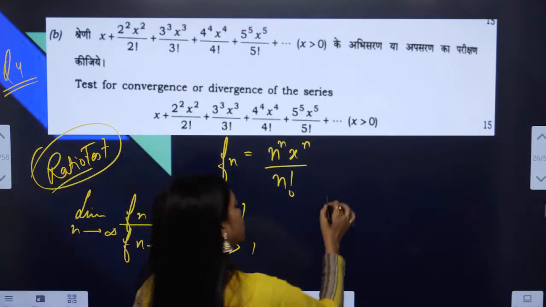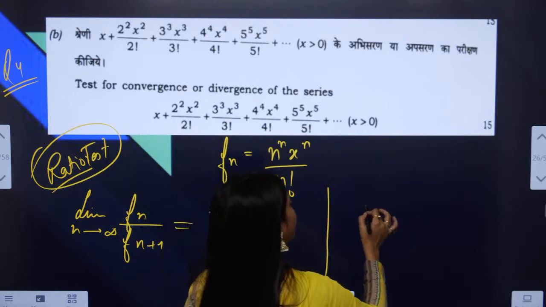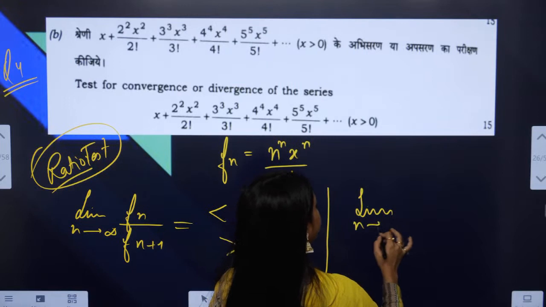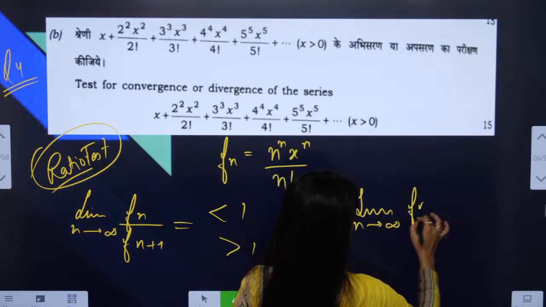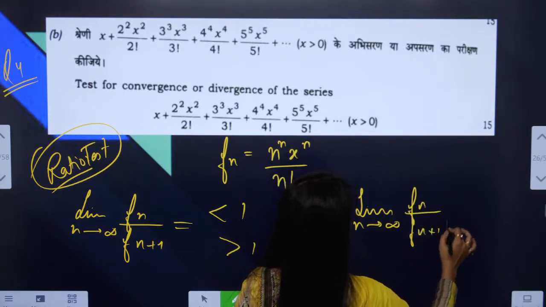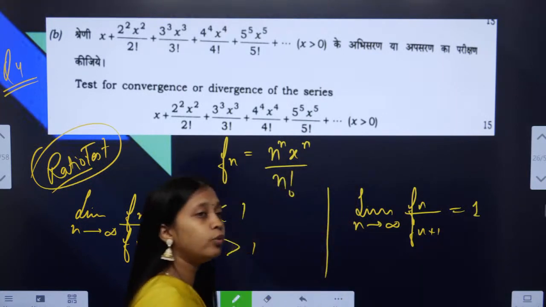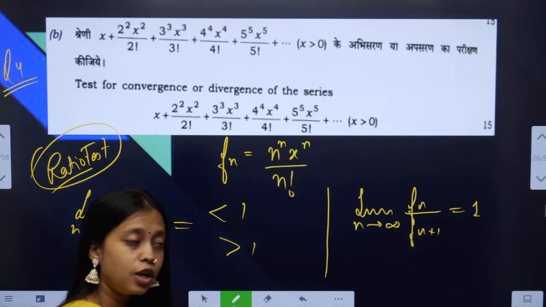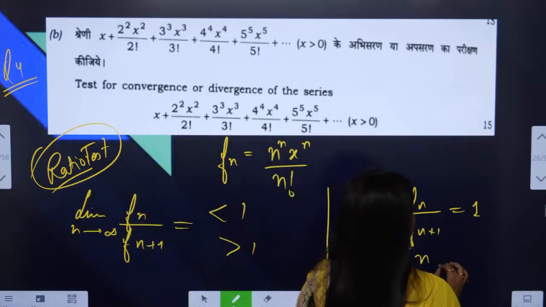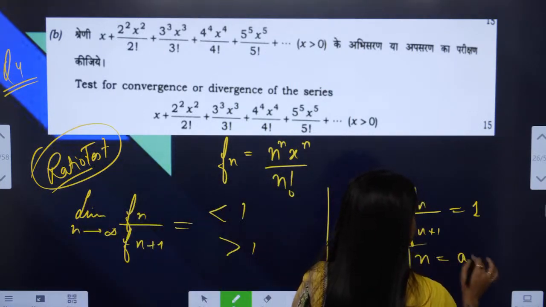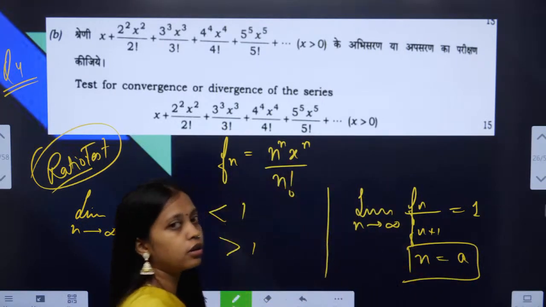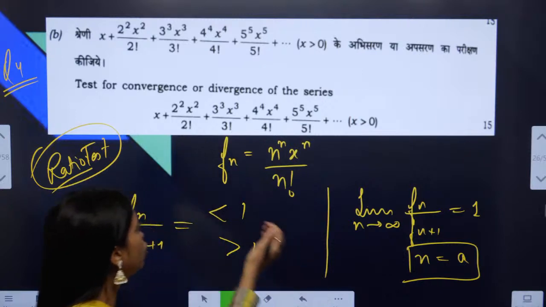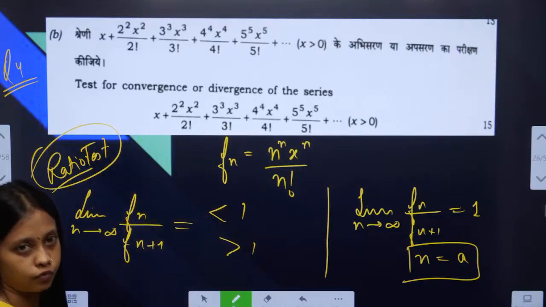So, apply the result for equals to 1, when this limit of f of n plus 1 equals 1, you will get a condition on your n. Take that n value, whatever it is, let us take it to be a, back in the general term and apply a different test to prove the convergence or the divergence of the series.